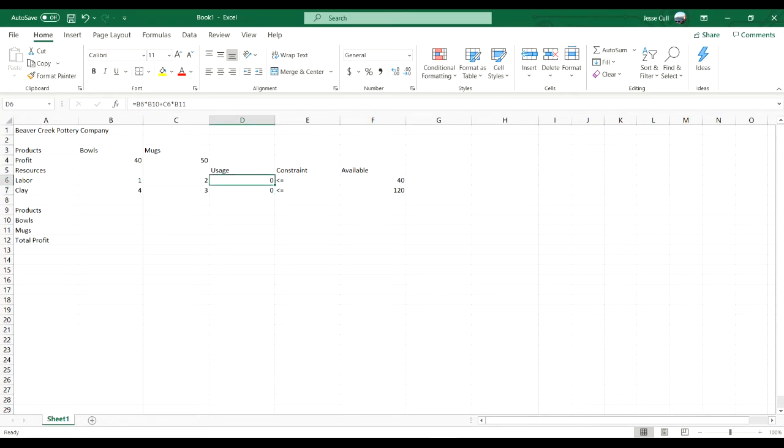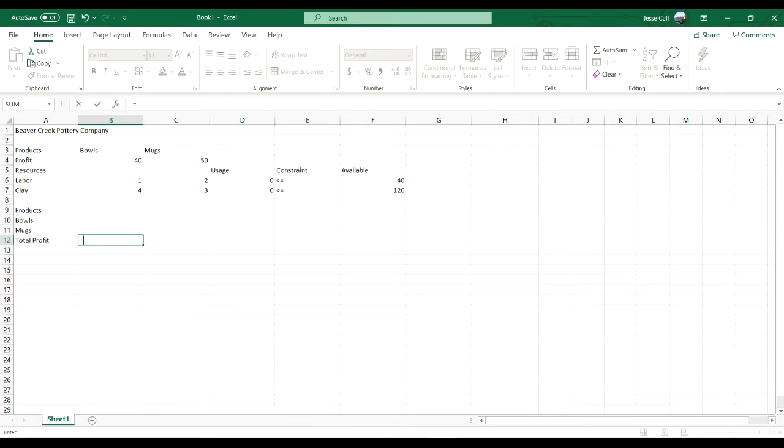Our next step is we have to enter our total profit equation, which is the profit we generate for one bowl times the total number of bowls, plus the profit we generate for a mug times the total number of mugs we produce. So what we've done here so far is we've seen that we're producing bowls and mugs.